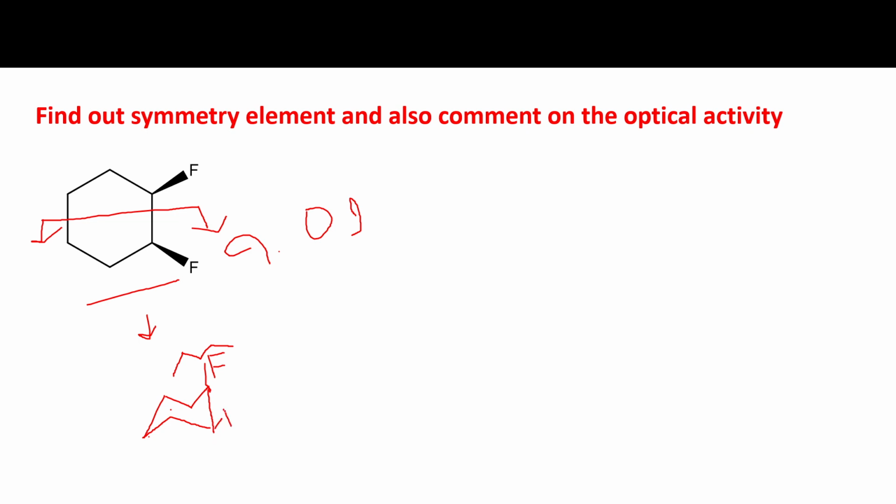So one fluorine is in the axial position and one is in the equatorial position. So this is the equatorial carbon and this the axial carbon. Now this molecule doesn't have any sigma plane. As this molecule doesn't have any sigma plane, this molecule should be optically active.